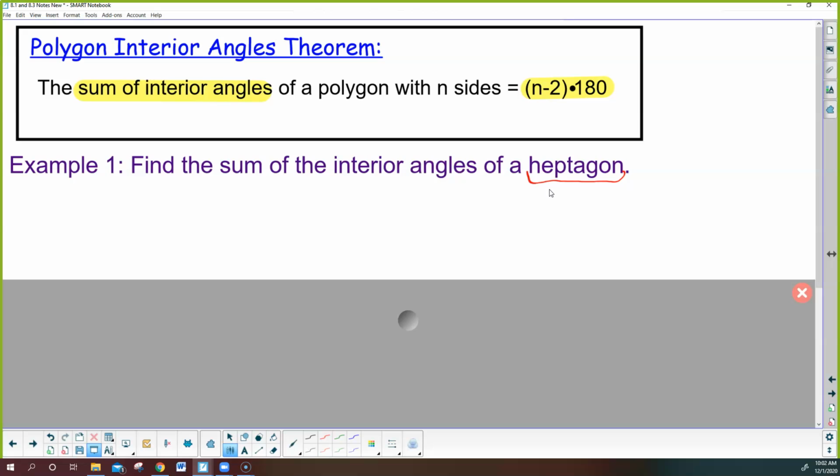That's stuff that I think you covered in 6th grade. But if you don't know it, that means n is 7. Hepta means 7 sides. So when you have a problem like this, you have to know the formula, and if you don't know what that is, please look it up.